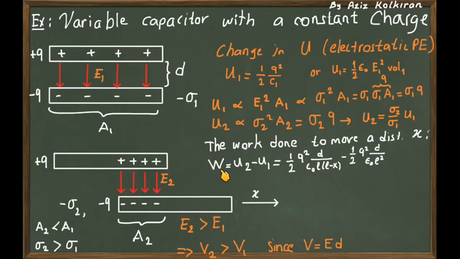So you may express the potential energy of the capacitor in terms of its charge, the area and the distance between the plates by this expression, and you will subtract this quantity, which is the initial potential energy of this configuration, which is nothing but 1/2 Q squared d divided by epsilon 0 L squared.